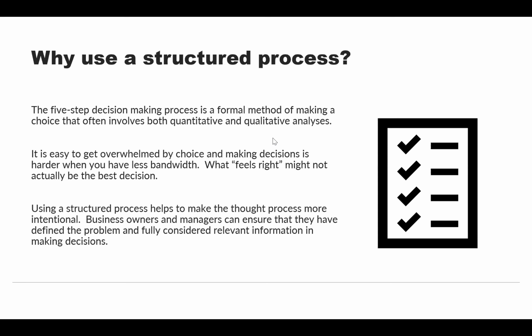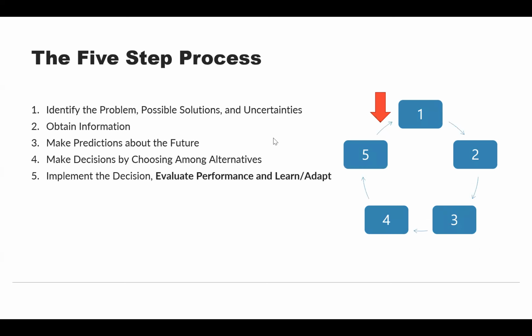So the process we're going to talk about today is a fairly standard process. If you were to take a business management class, it's often one of the ones that is put out there. And it's actually named the 5-step process. And the process is basically, oops, it says I'm muted. Sorry about that.